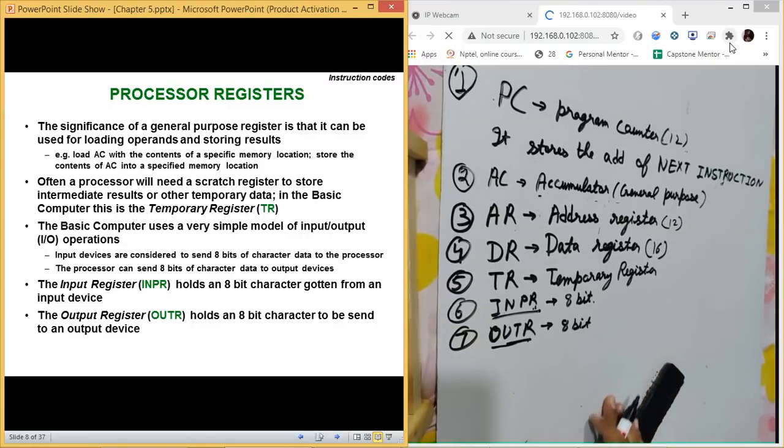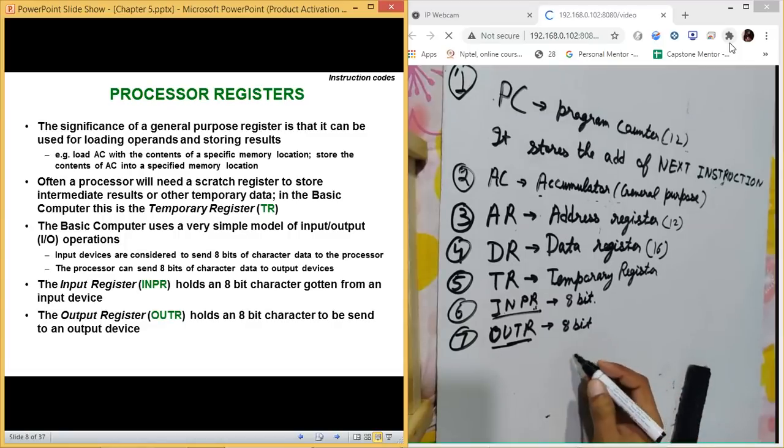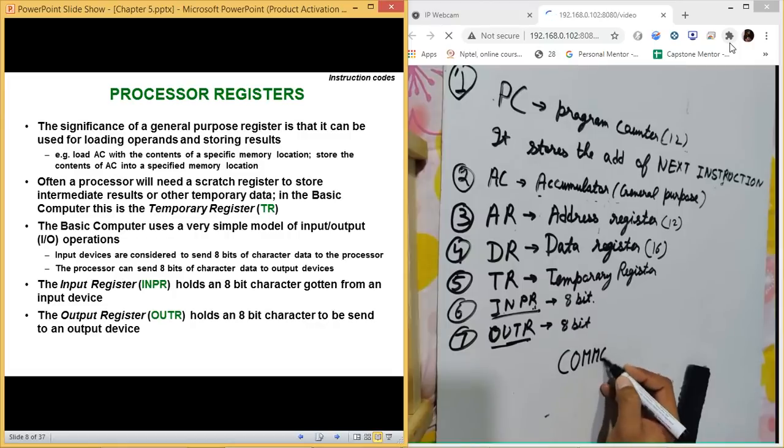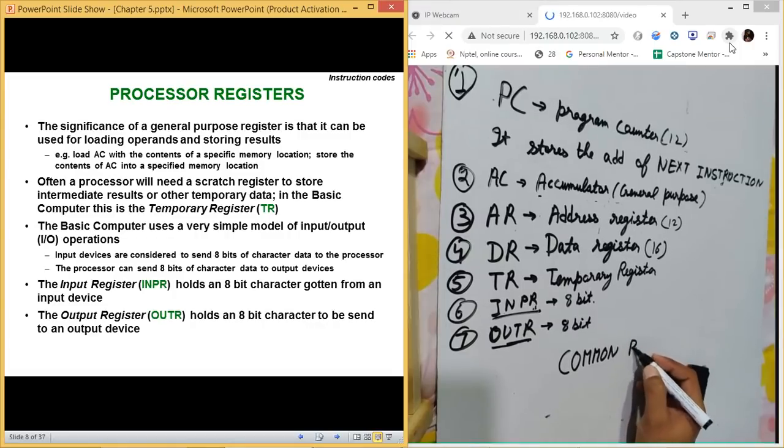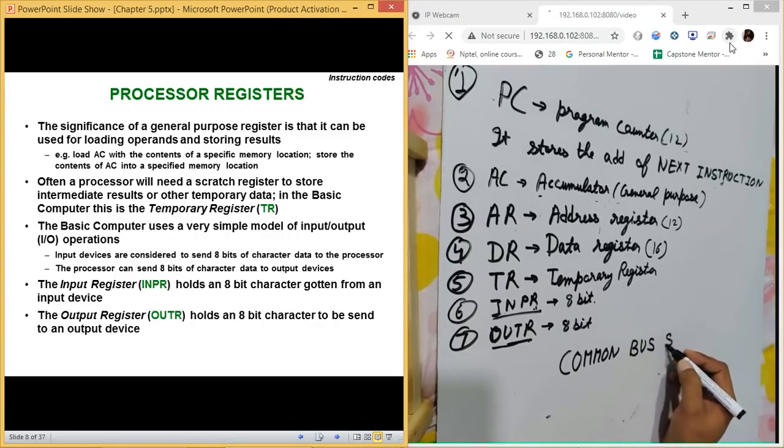We are having a next type of bus which we are going to create, and the name of that bus is the common bus system.